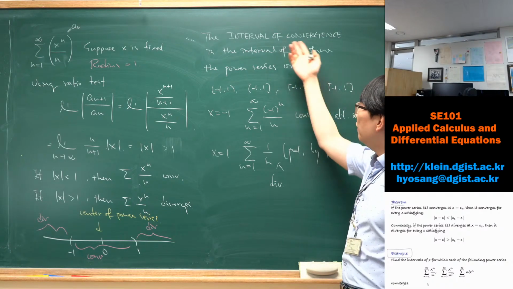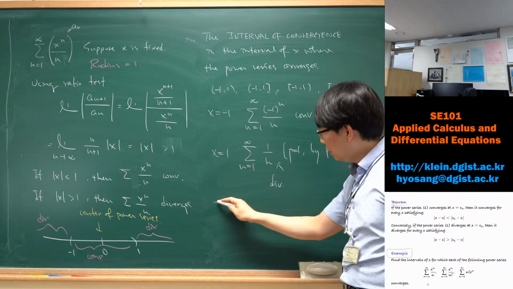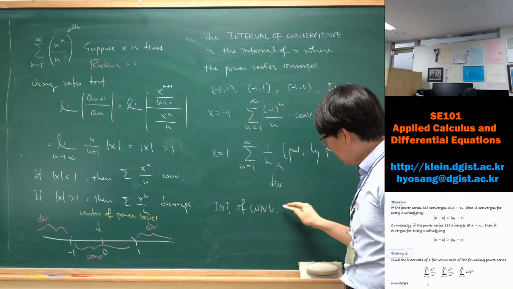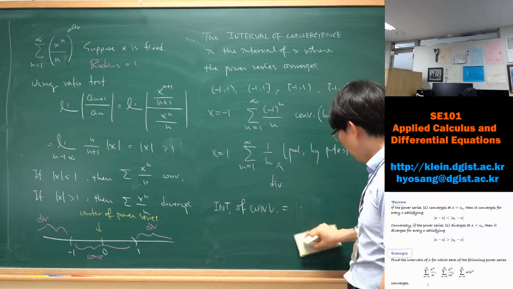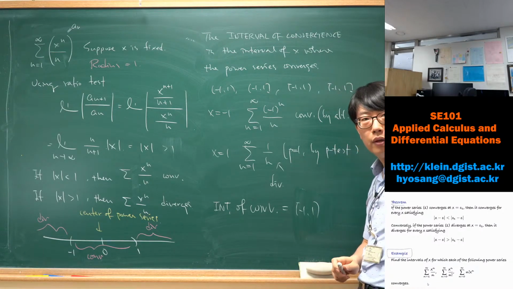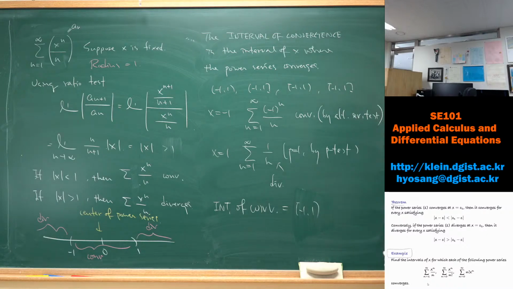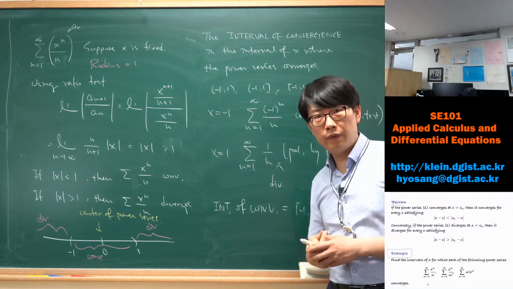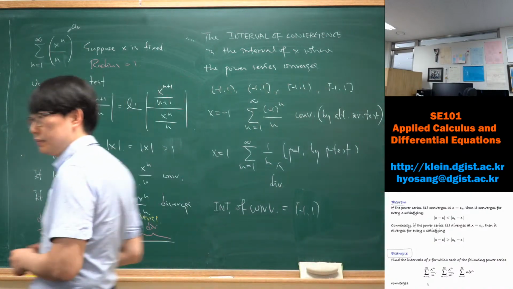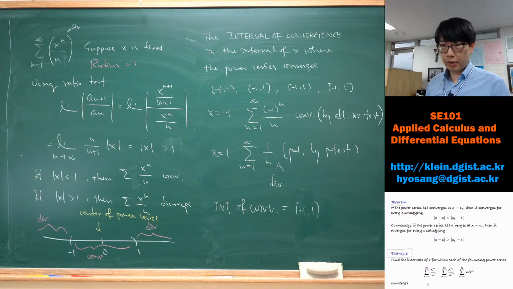So the interval of convergence includes -1 but not 1. So the interval of convergence is [-1, 1), including -1 but not including 1. So there's a difference between computing the radius of convergence and the interval of convergence. And you can check the rest of the computation.